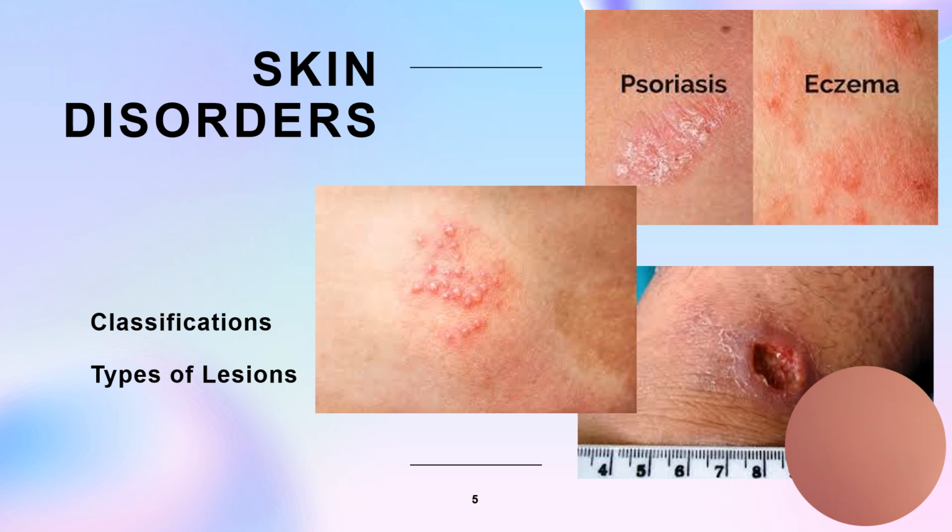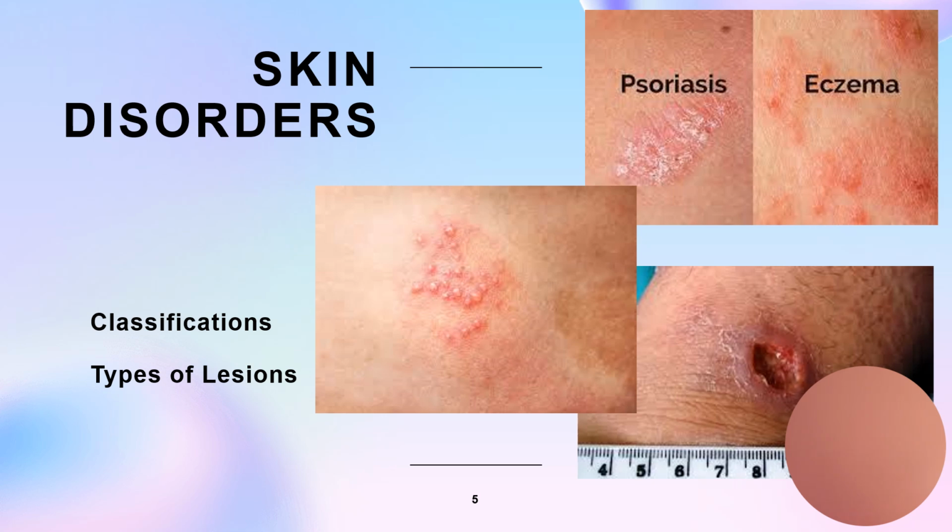And then we also have psoriasis, infections and infestations caused by bacterial, fungal, virus, or parasitic agents, and lesions such as skin growths, vascular lesions, and tumors.